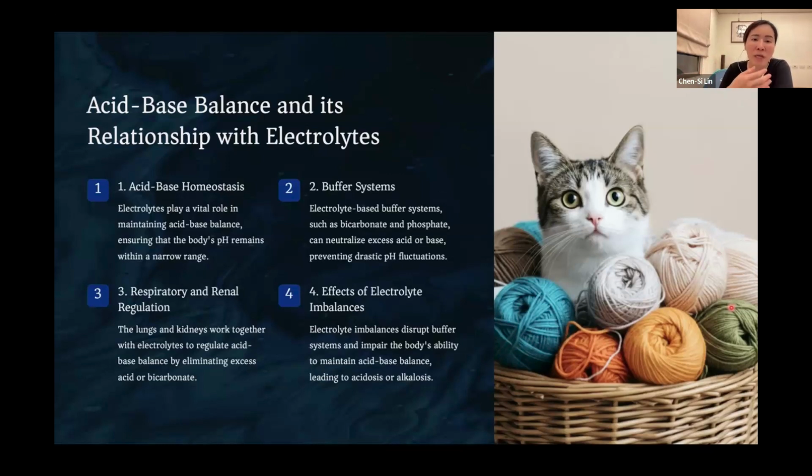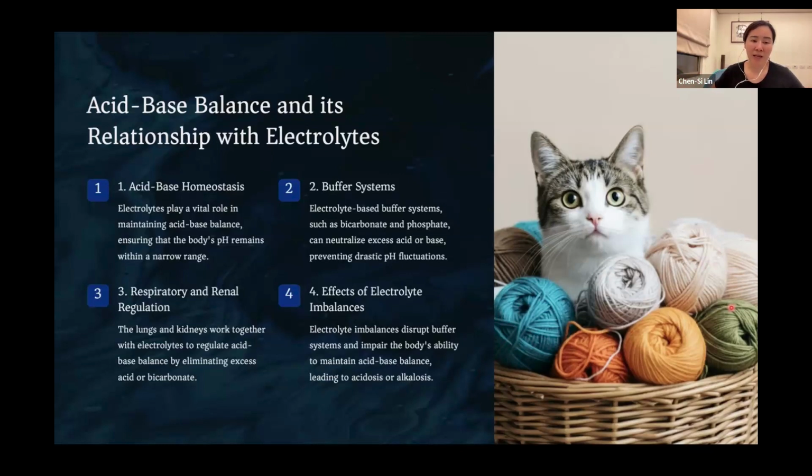So that's why we need to monitor each of them to maintain a specific normal range. If they are not in range, it will cause the clinical symptoms we mentioned in the previous slide. And another role that this electrolyte plays is that they are important to maintain the acid-base homeostasis.